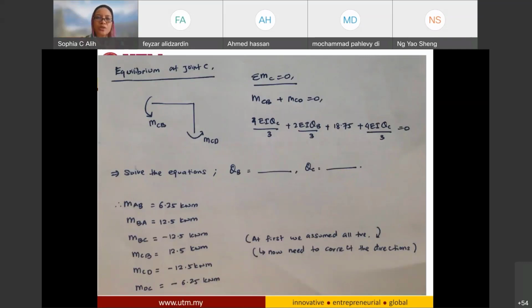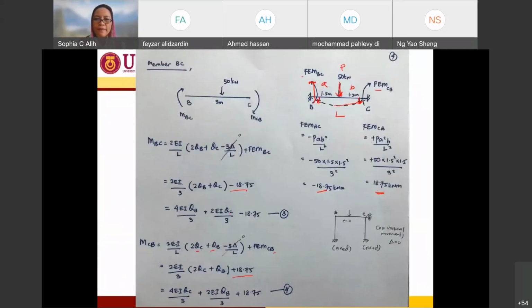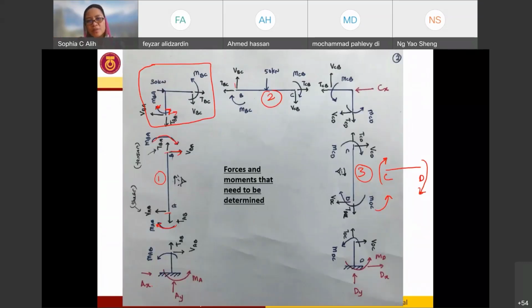And for equilibrium at joint C, right now I assume MCB to be in the clockwise direction, and at the end of this joint here, I will have a counterclockwise direction of MCB, and since this is clockwise direction MCD, I will have it to be counterclockwise direction of MCD. Now I have the second equilibrium for my joint in order to solve this equation.